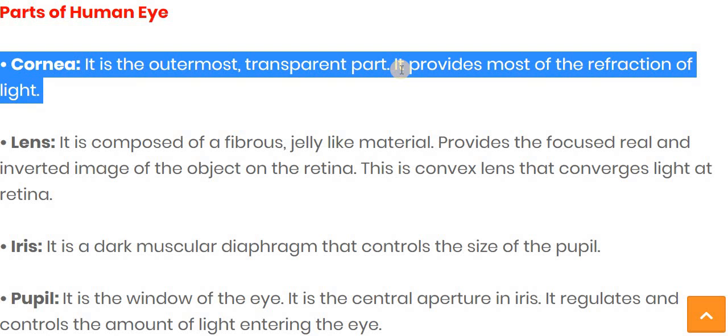And what is the function of this cornea? It provides most of the refraction of the light. The first part of the eye, that is cornea, is the outermost transparent part, and it provides most of the refraction of light.